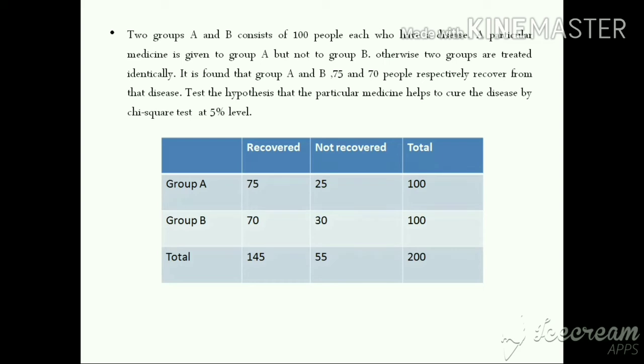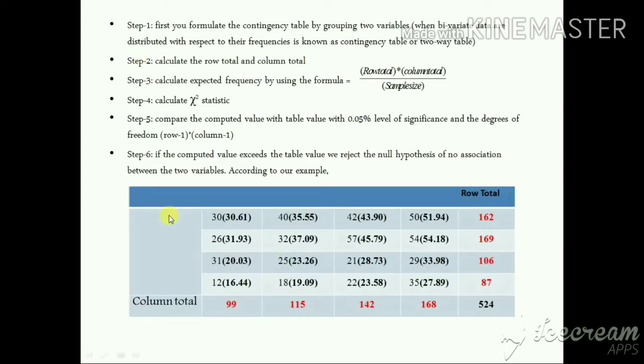Now coming back to our initial problem, the first problem, that is population density and crime rate. So how can we solve it? The steps are written. Step 1: we have to formulate the contingency table by grouping two variables, and we know that when bivariate data are distributed with respect to their frequencies, it is known as a contingency table or two-way table. Step 2: calculate the row total and column total.